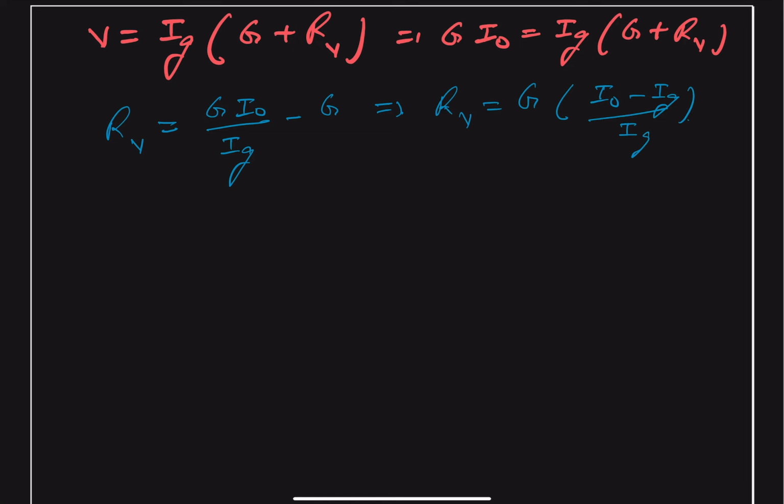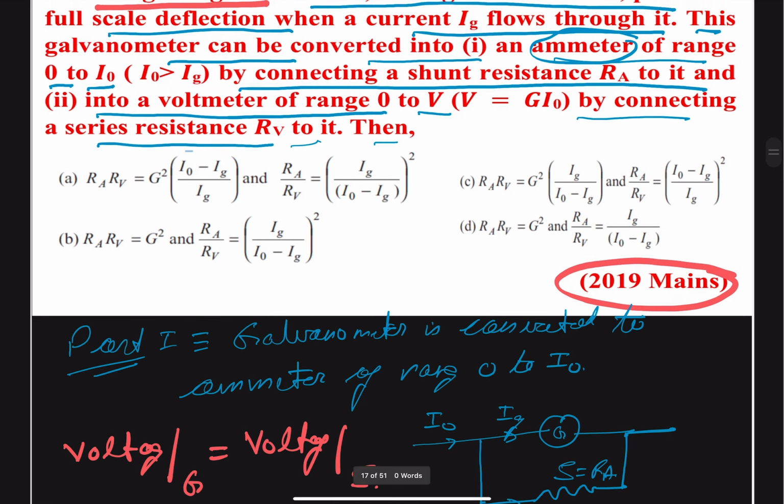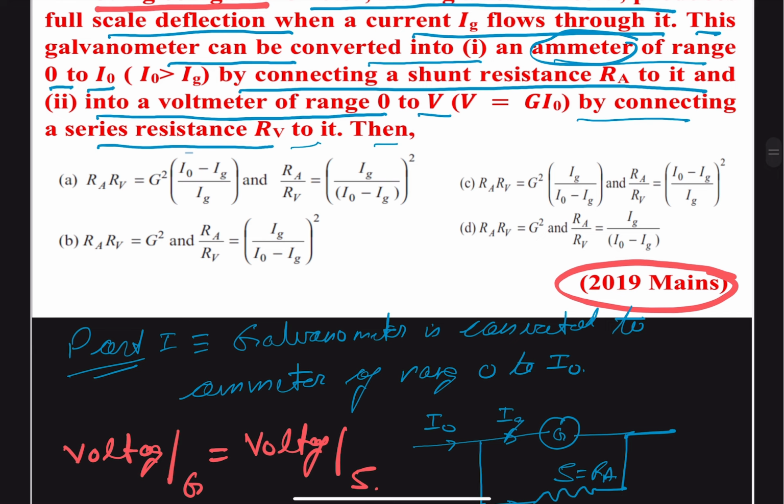So this is the value of the series resistance that is to be connected through the galvanometer. Okay, and we have to find out the product of Ra and Rb.